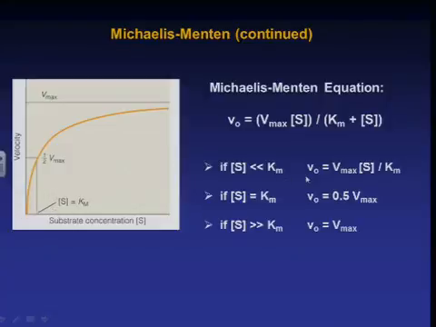Let's say that the concentration of substrate is equal to the Km at this point. If you put S and Km as being equal here, then what does that term simplify to? If these are equal to that, then that's going to be 1/2, or the velocity is equal to Vmax over 2.